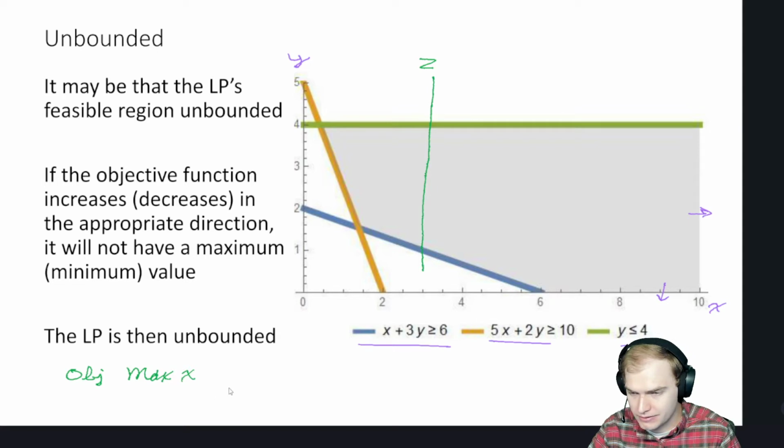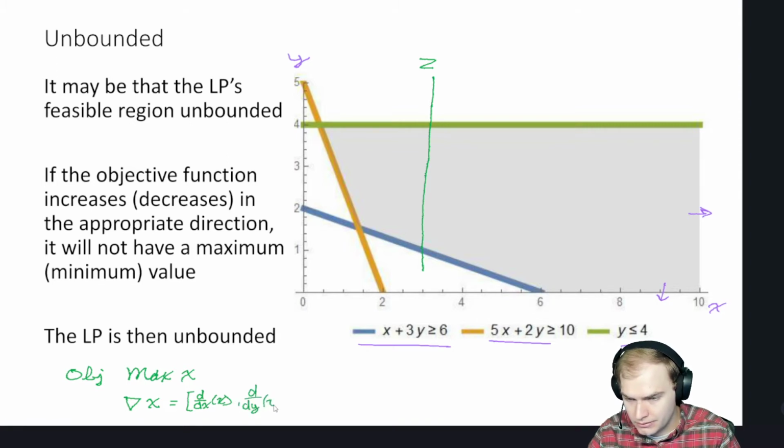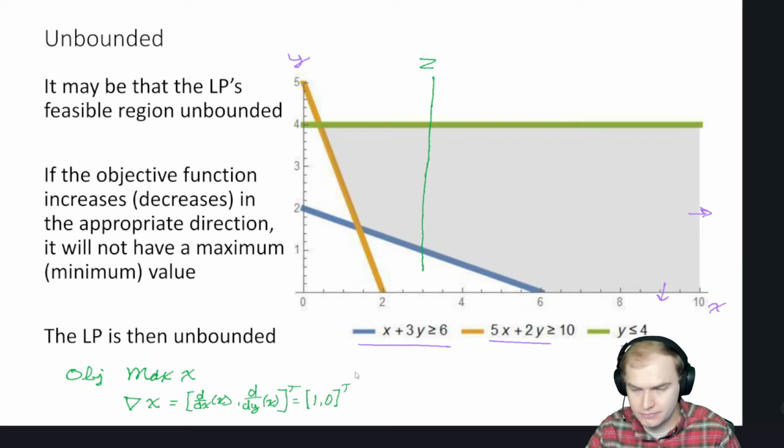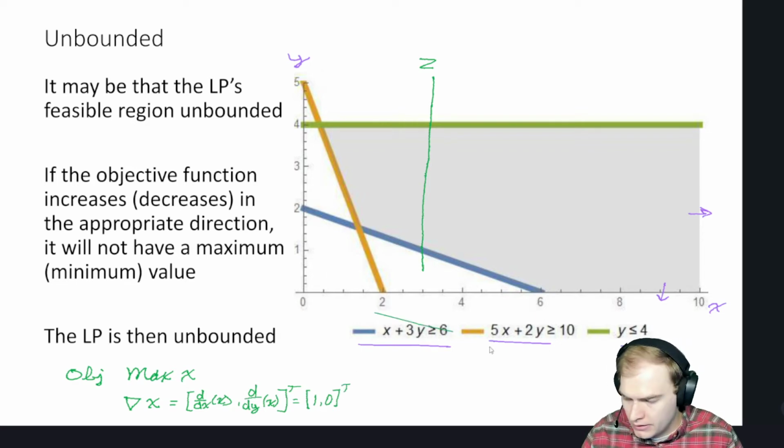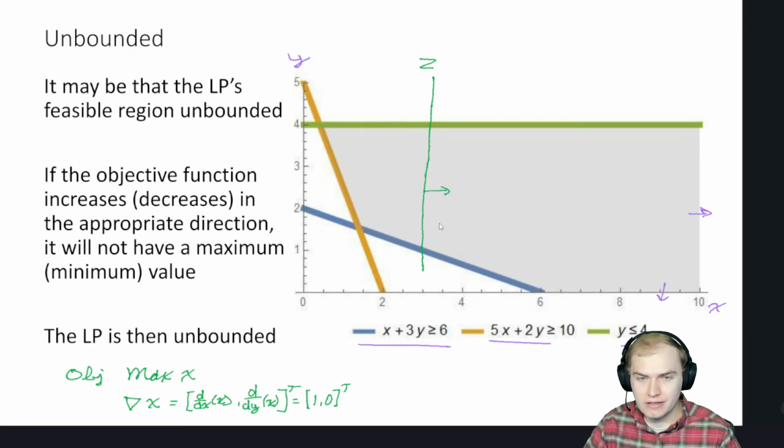The gradient of x is just the vector d dx of x, d dy of x, which is, of course, 1, 0, which gives us that gradient.